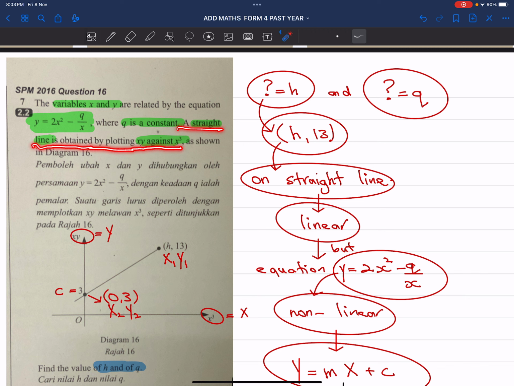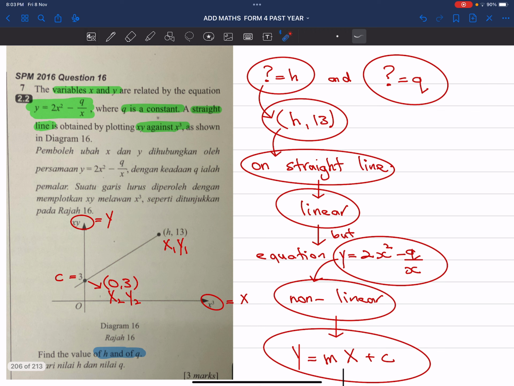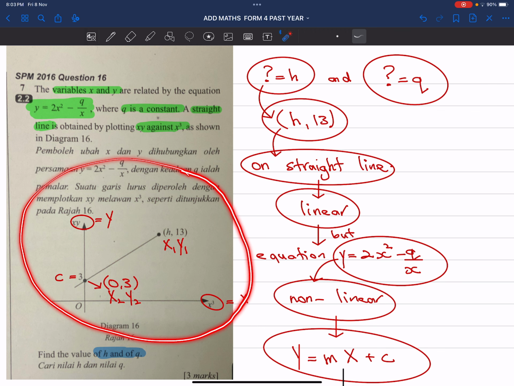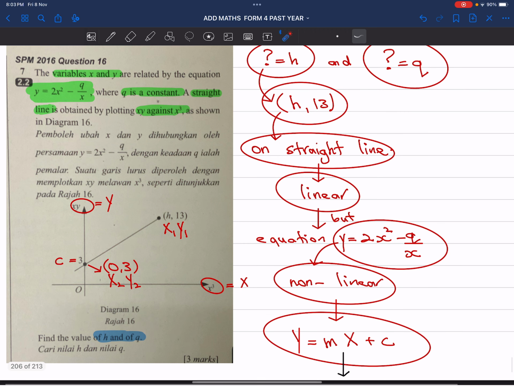Now, even before we read what they are asking, you go to the graph and complete the graph. The xy is the capital Y, the x cubed is the capital X, and we are given two coordinates.